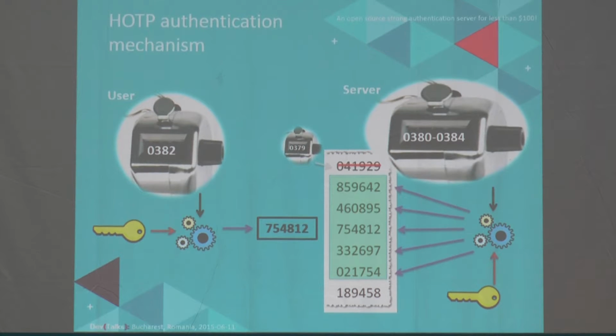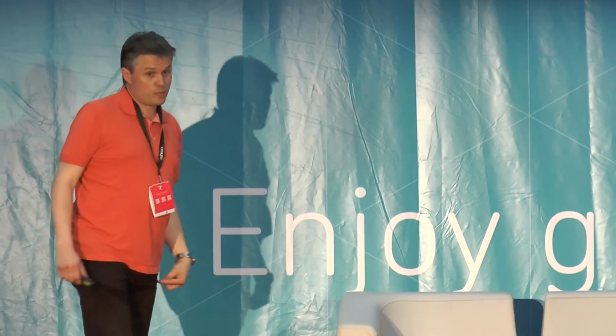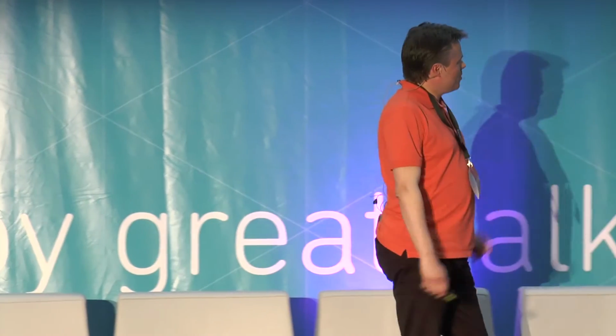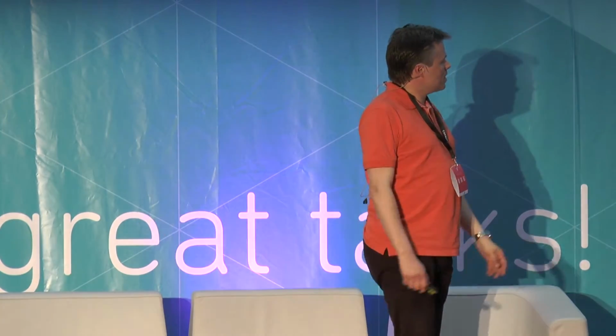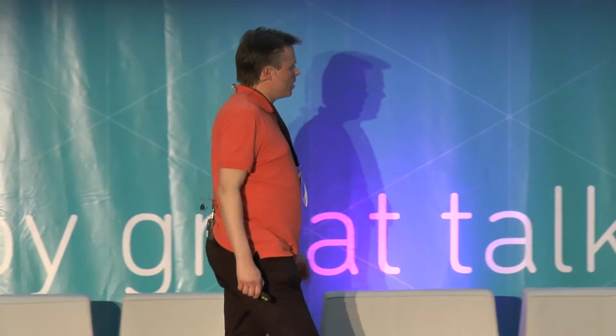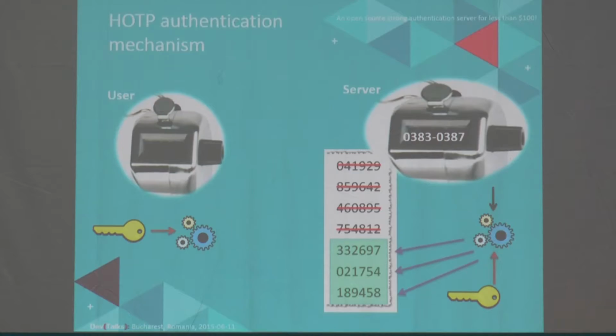So you have to calculate a lot of tokens from the last valid one up to, I don't know, 5 or 50, it depends, more like 50, because when you have the token in the pocket, it can sometimes get pushed on the button. Here, 5 is enough for the example. And the server checks which one is okay. So I say, okay, this one is good. So all the others are not valid anymore. And the next ones which will be valid are these. Okay? So it's quite easy.